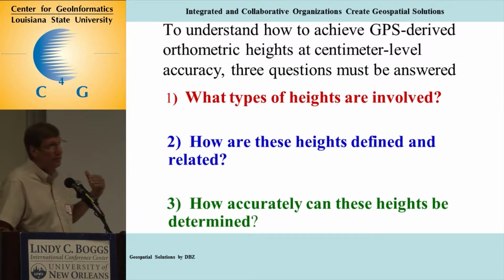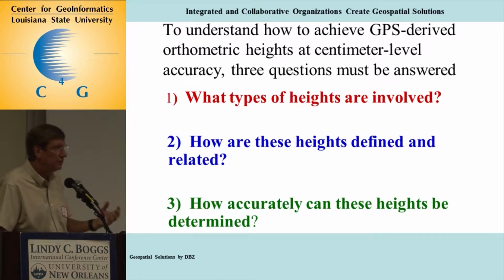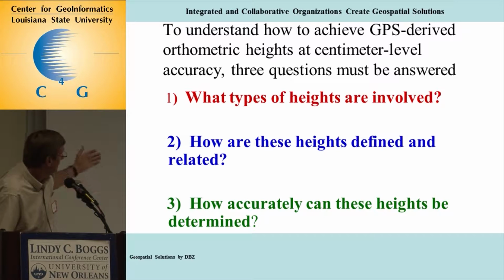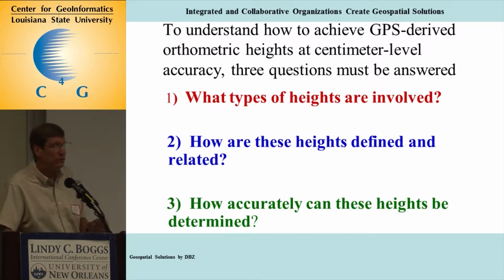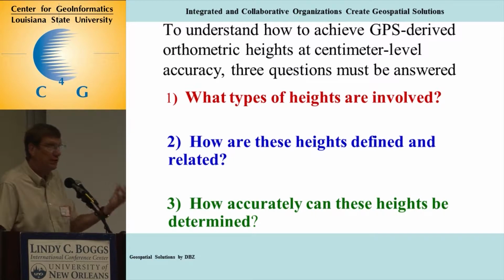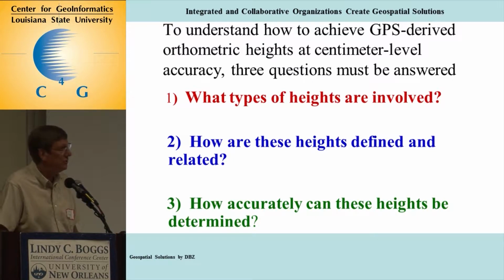So as I said, you've got to know what types of heights you're dealing with, because there are 3 different types of heights that we're going to look at. How they're defined and related, you saw a slide earlier, and I'll spend a little bit of time on it, but we're not going to spend a lot of time. Now, we used to teach a 2-day workshop and seminar on GPS-derived ellipsoid and orthometric height. So we're summarizing this in basically 3 hours.